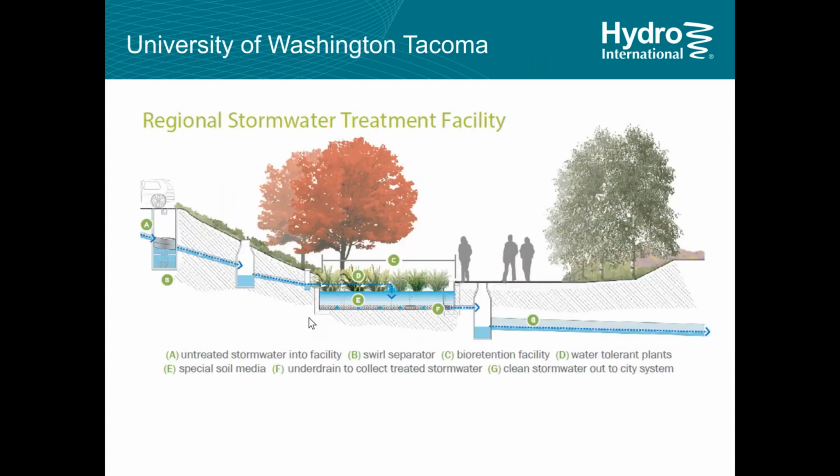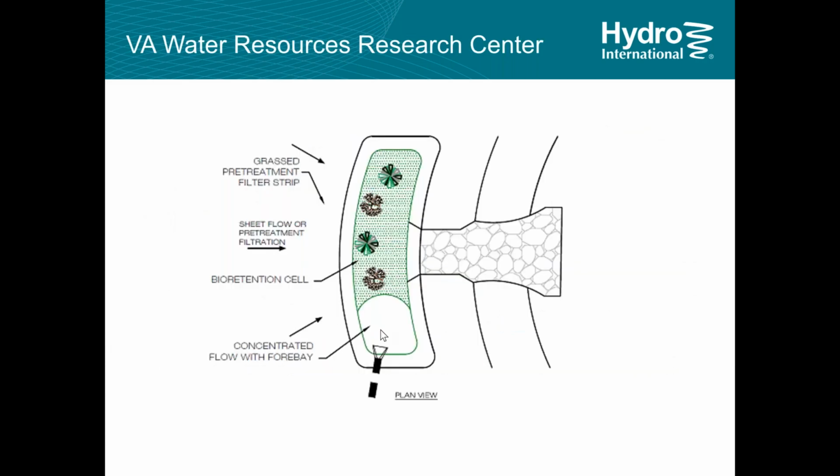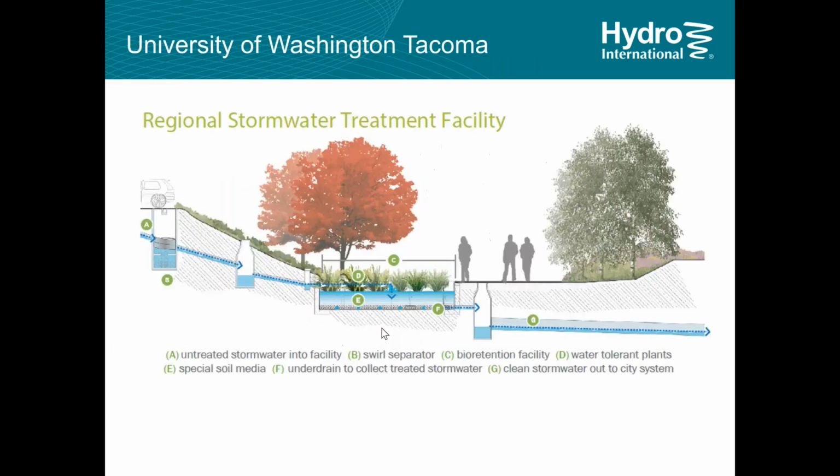So one thing that people do, and this is another image that I pulled, this is from the University of Washington, Tacoma, is put that pre-treatment, rather than include it as part of the planted area, under the parking lot. So you gain some parking spaces based on that.